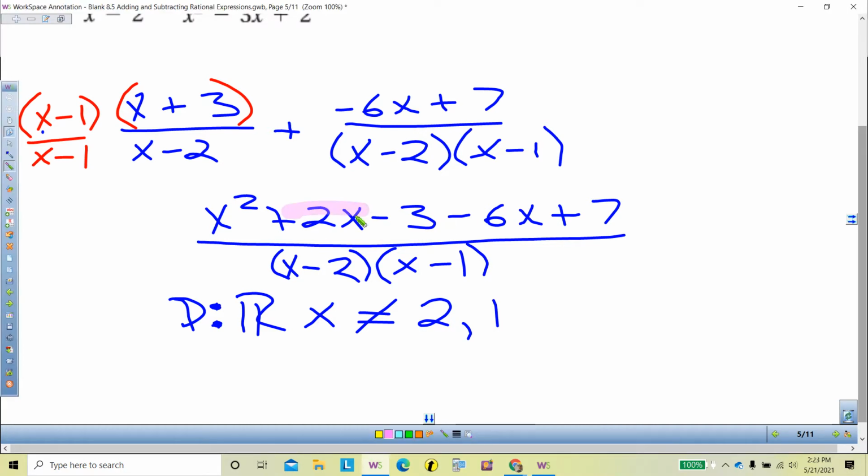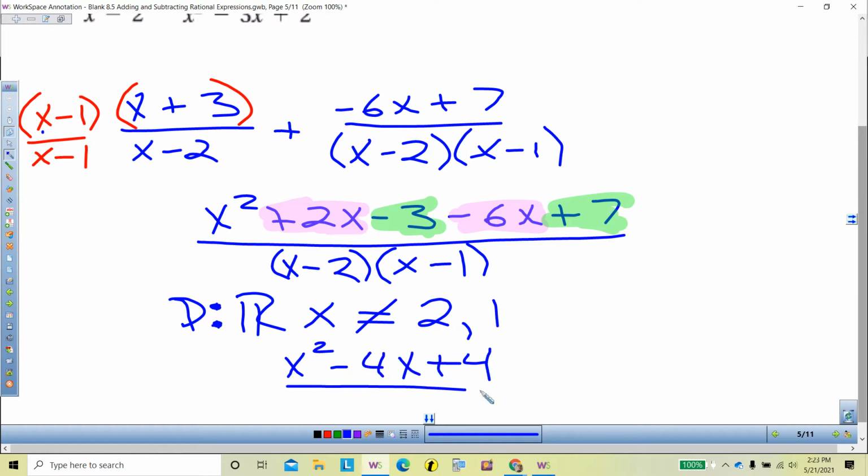So we can combine the positive 2x. The only mistake I see students making combining like terms is forgetting to get the sign in front of the term as well. So minus 3 plus 7. So we end up with x squared minus 4x plus 4 over x minus 2, x minus 1.